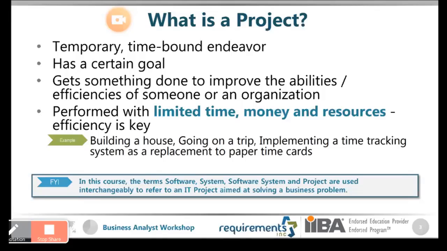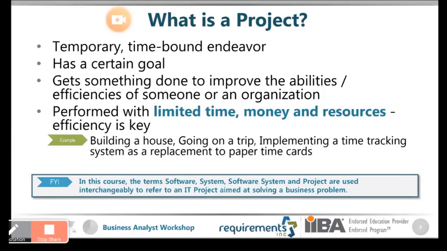And a quick note: when we say software or system project, we might use that term interchangeably, but essentially, as you know, business analysis has two flavors. One is the business process analyst, who is primarily looking at the business processes of a company and trying to come up with a more efficient process. That doesn't have to be IT; it can be completely non-IT.